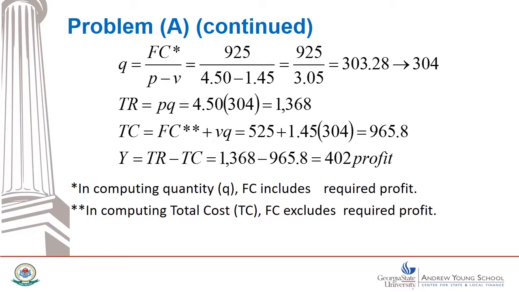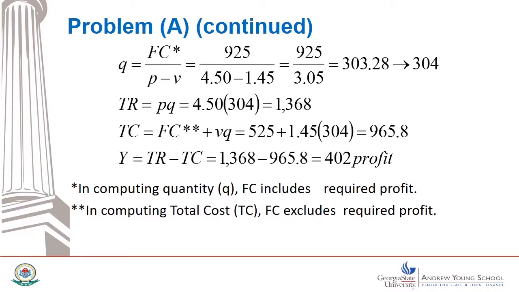After this change, we have total costs, or TC, equal to fixed costs of $525, plus the product of variable costs of $1.45 times our quantity of 304 pies. That calculation results in total costs of $965.80.